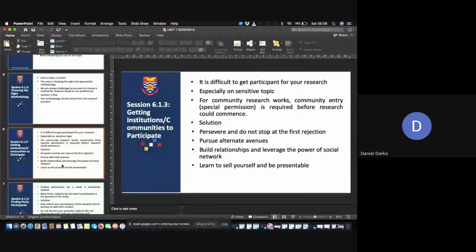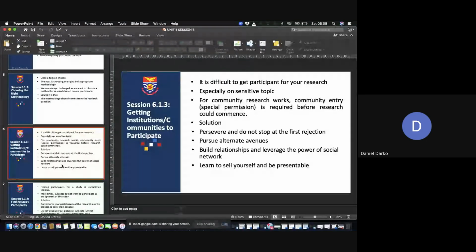Most communities around, even the villages that were open to research, are all not willing to give their all for us anymore. So it's difficult to get participants for your research, especially when the topic is sensitive.